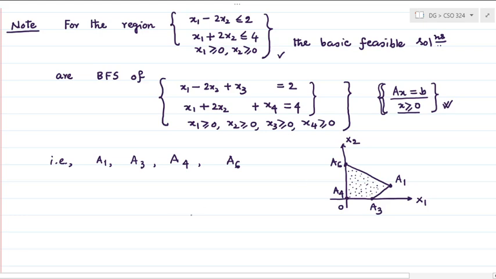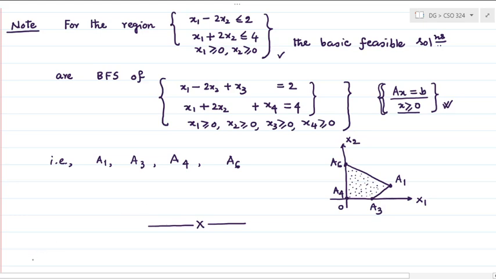So the next day, we will start our discussion on the topic of convex sets, convex regions, and then a few special terminologies depending on convex sets, which are required in the development of the simplex method to solve a standard linear programming problem. Fine. So on the next day, the topic of discussion is convex sets.